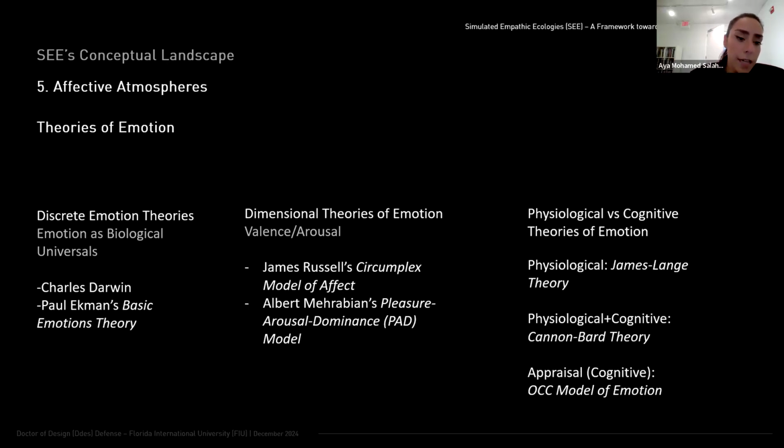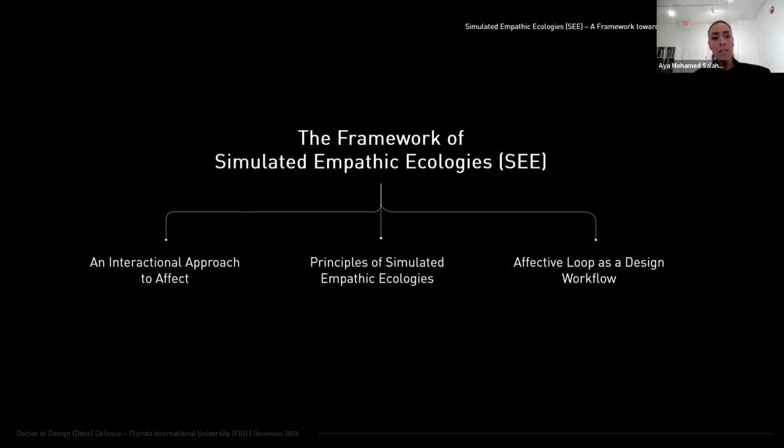Whereas we have James Russell and Albert Mehrabian looking at emotion as more of a dimensional spectrum, which focuses on valence and arousal and the intensity of these instead. Now, these theories of emotion are obviously essential in affective computing, and affective computing methodologies are built upon them. And I will be going a little bit into that moving forward.